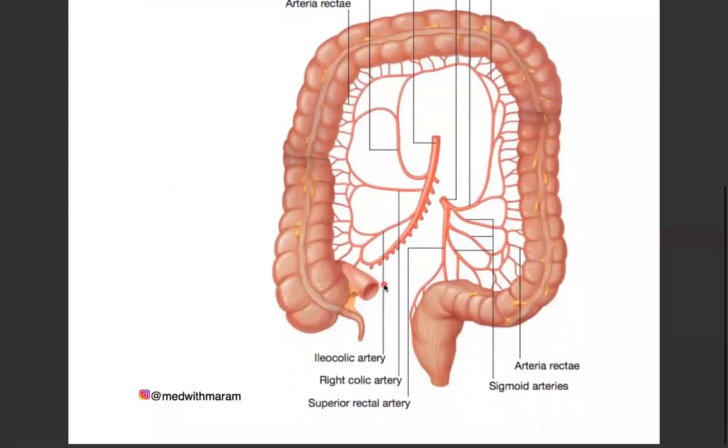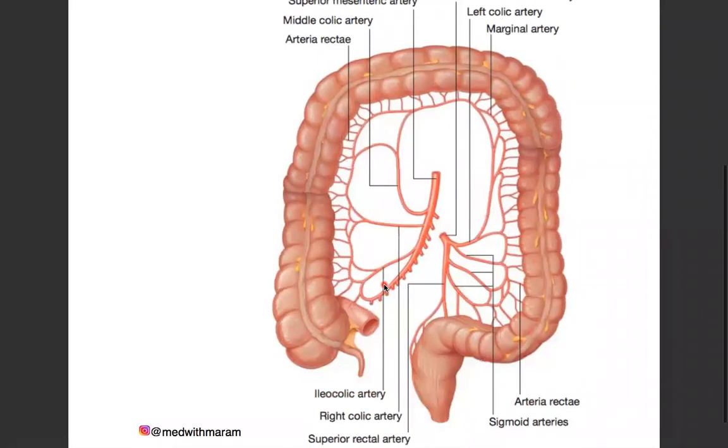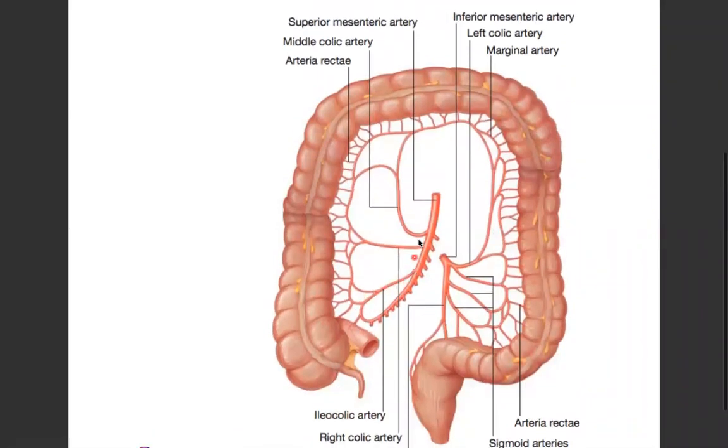طيب one thing you need to know is important, بس حاجة خفيفة كده، إنه الارتريز حقت inferior والsuperior mesenteric كلهم they anastomose, so they all connect together وبيدونا artery أخيرة اسمها marginal artery. تمام؟ So marginal artery دي it's basically a big artery that's formed of all of the arteries حقت small and large intestines.